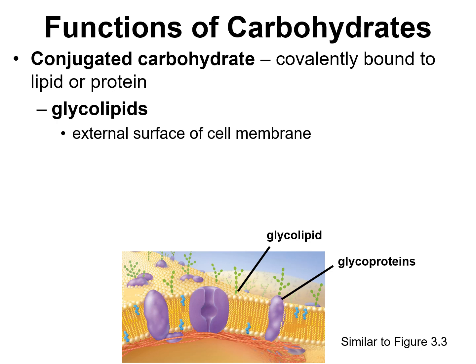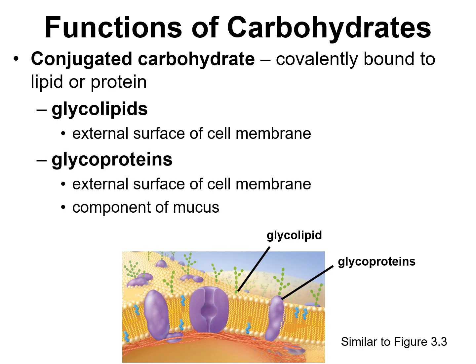The carbohydrate component or moiety is shown in green here. You can see the little individual monosaccharides that have been bound together. A glycolipid is where a carbohydrate component is covalently bound to one of these lipids, forming a glycolipid. And a glycoprotein results when a carbohydrate is covalently bound to a protein.